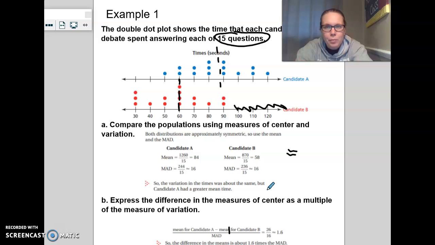I get an answer of 1.6, so the difference in the means is about 1.6 times the MAD. That's just showing you how they have the same MAD, but their means differ by about 1.6 times the MAD. It's a weird way to describe it. Otherwise, finding the difference between the two means works too.